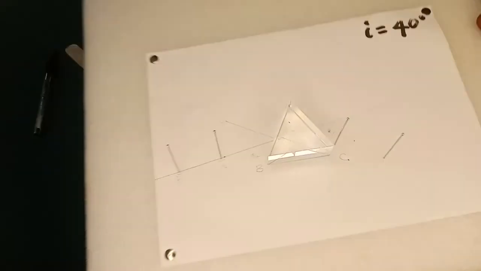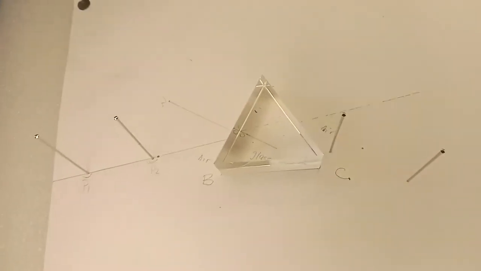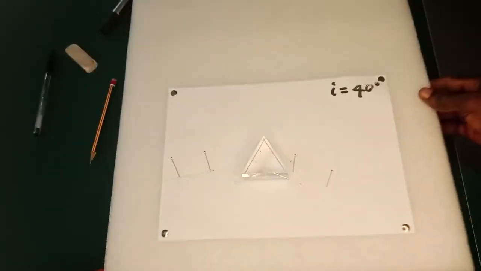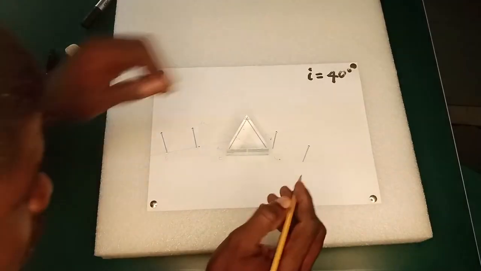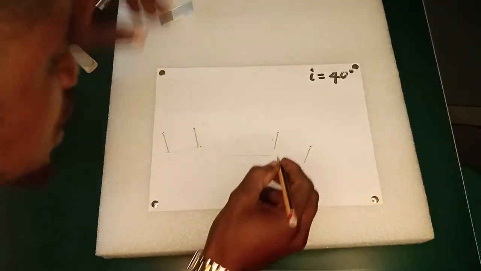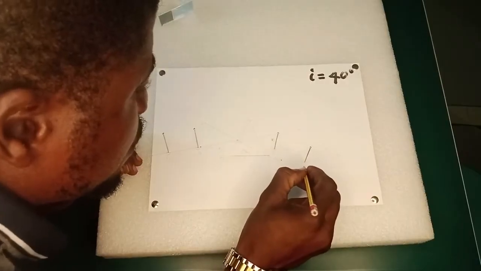So this is what the diagram is like. Good. The next thing to do is to quickly remove this glass, and label this as your pin 3, and this as your pin 4.